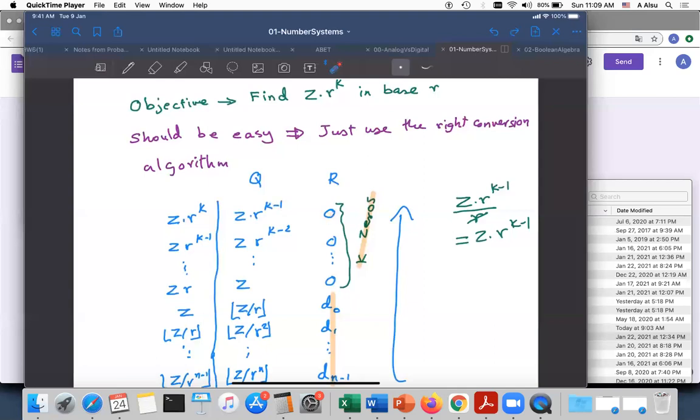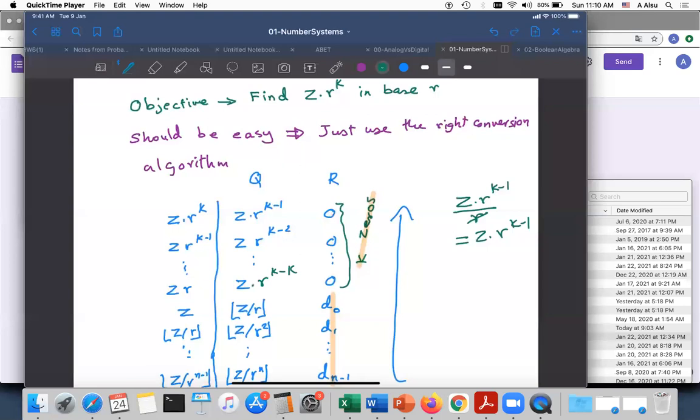And then you take this number and divide it by r. You get z times r to the k minus 2 with a remainder of 0. We are assuming that k is greater than 2 here. And then all the way up to z times r to the power 1, and if you divide this by r, you get z itself, which is z times r to the 0, or r to the k minus k, right?